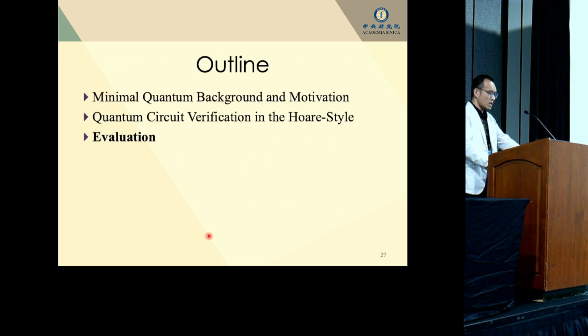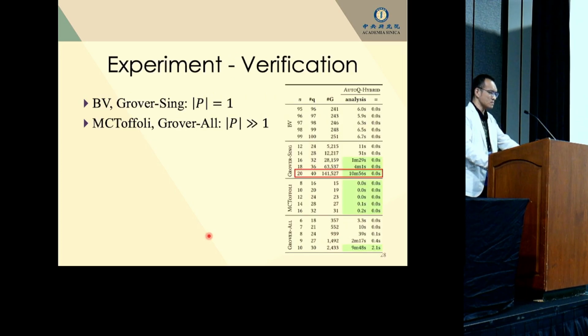Okay, so I'll end with some evaluation results to show that it's also good in practice, empirically. The first set of examples, we tried with some well-known quantum algorithms, like Bernstein-Vazirani, Grover search, and this is a quantum version of SAT solving. Single means it is with respect to one oracle, and all means that we test it against all possible oracles.